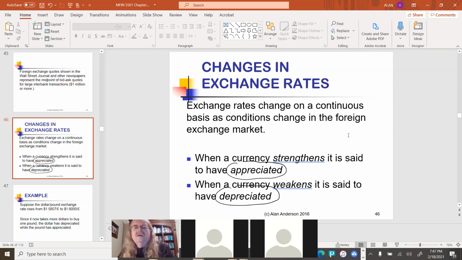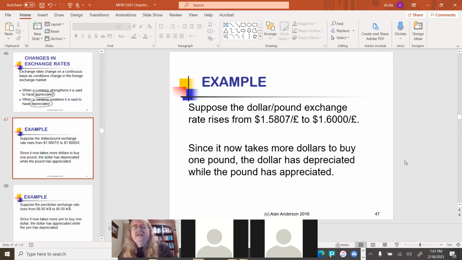So let's see, though, if we fully realize what it means to appreciate or depreciate by looking at these quotes. Like here's a simple example. Suppose the exchange rate one day goes from 158.07 per pound to 160. Which currency just got stronger and which got weaker?